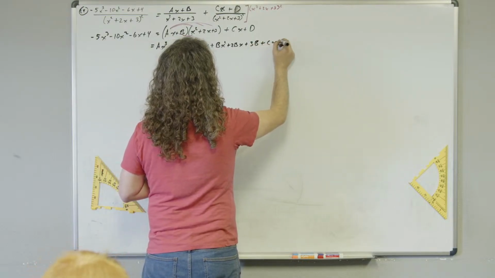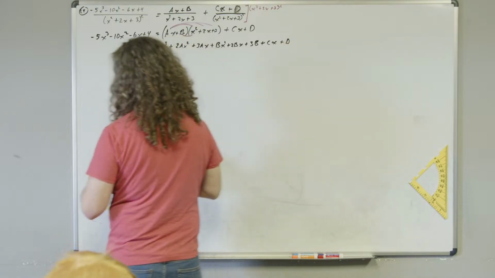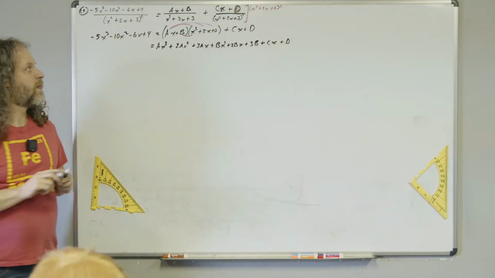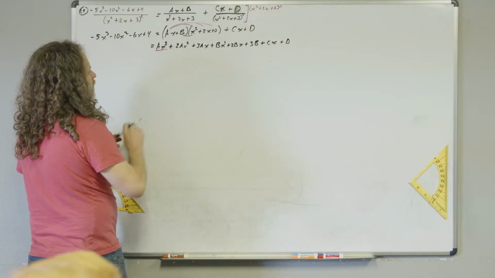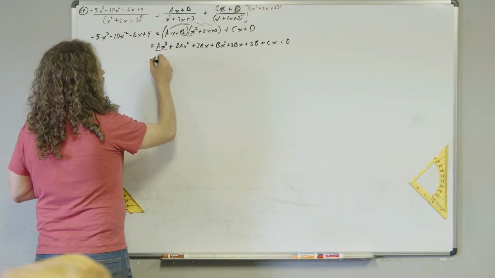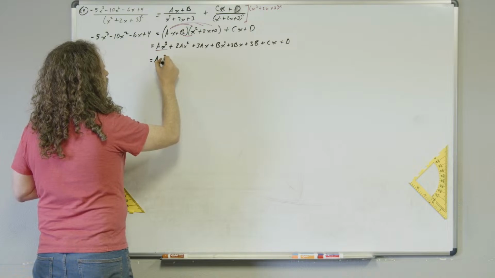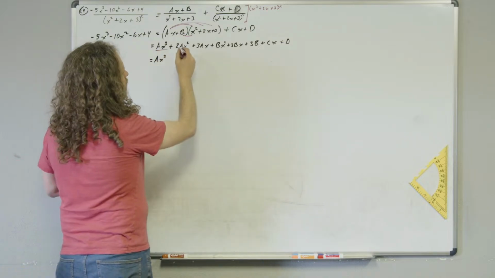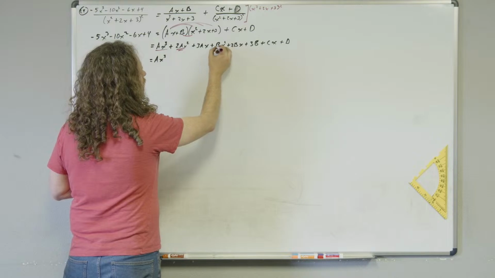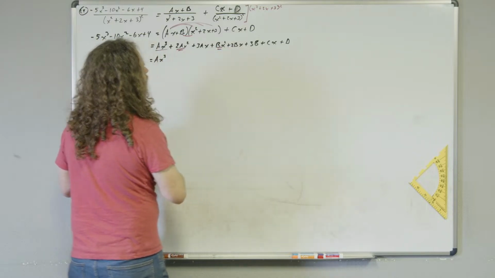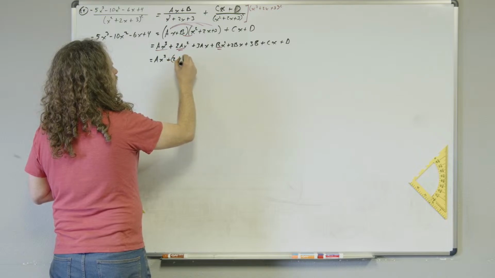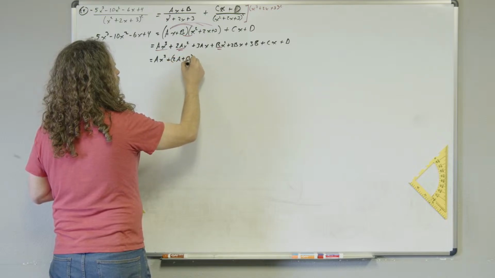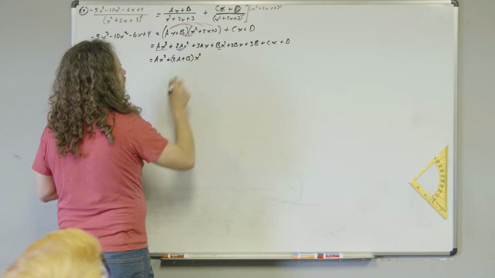Plus cx plus d. Rearrange them. Got the cubed one all by his lonesome. Ax cubed. We've got a squared one, so plus 2a plus b times x squared.